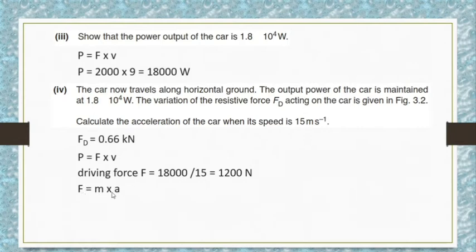Because we have F equals mass times acceleration, this F will be the driving force subtracted by the drag force. The drag force is 660 newtons, 0.66 kilonewtons. The mass is 850. We can find the acceleration to be 0.64 meter per second squared.